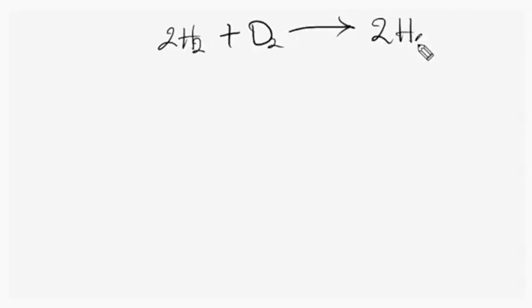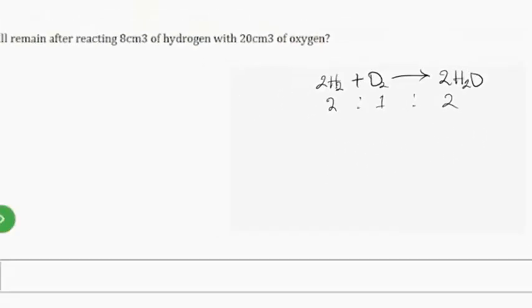Again, we'll start with 2H2, then plus O2 to yield 2H2O. So guys, already we know that the ratio will be 2:1:2 here.